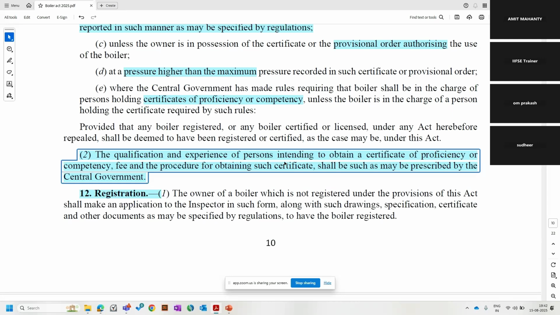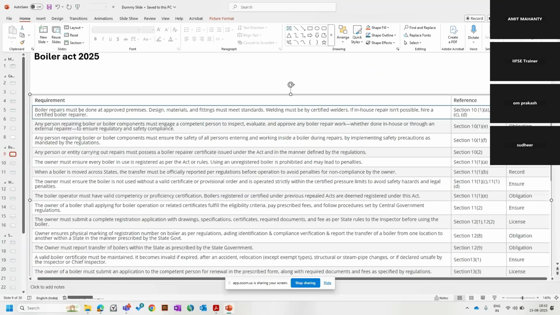So they have to apply for the certificate. Okay, sometimes the owner has to apply, sometimes the candidate themselves will apply with their own money, or sometimes the owner also will give a sponsorship for that certificate. Okay.